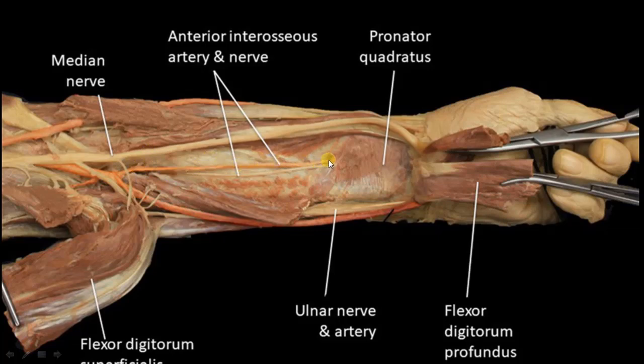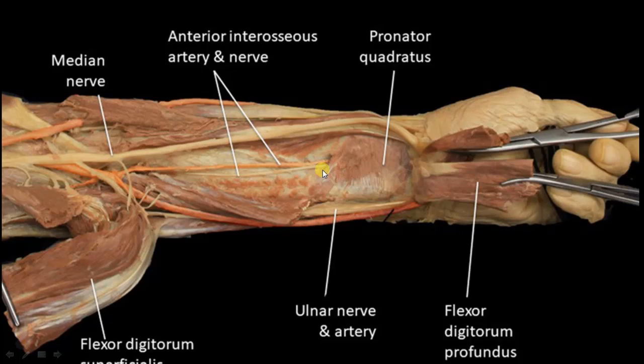Then they pass deep to the pronator quadratus and go to the extensor compartment, and the anterior interosseous artery will take part in the dorsal carpal arch. So that is about the muscles.